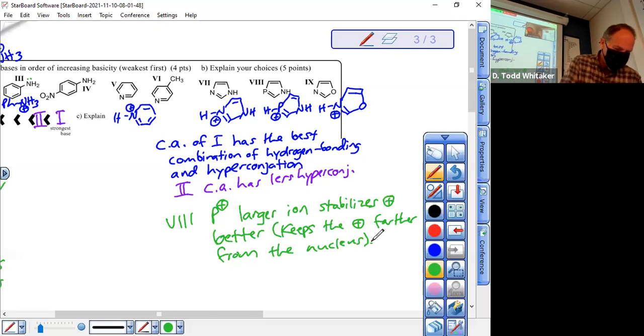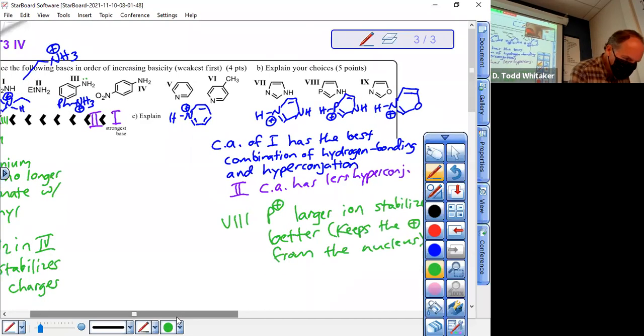Okay. And so it's going to be easier to make P plus than N plus. So I want that one to be a better base. The VIII, the triple I, is a better base. VIII is a better base than VII, which is a better base than IX.